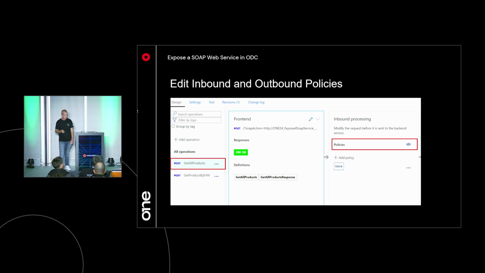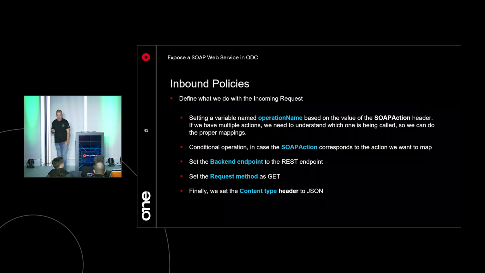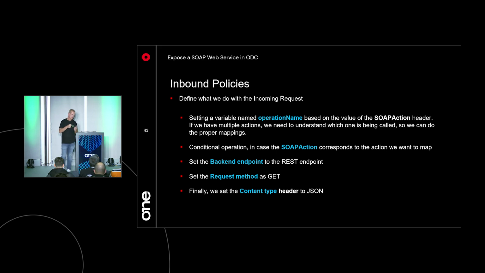And for that, we go through the policies, but let me first explain what are the changes that we need to make in those policies. For the incoming requests, the policies that we need to do is to query the operation name, that parameter that we defined in the REST service, to understand whether we're doing the get all products or the get by product by EEN.